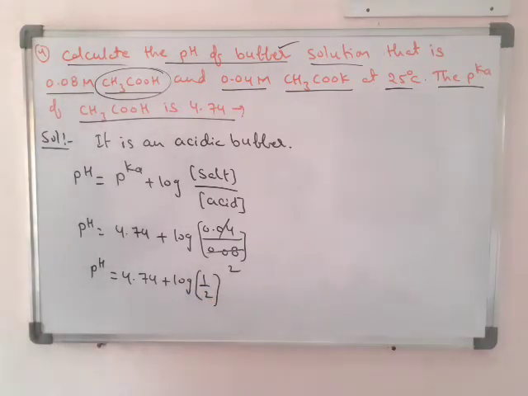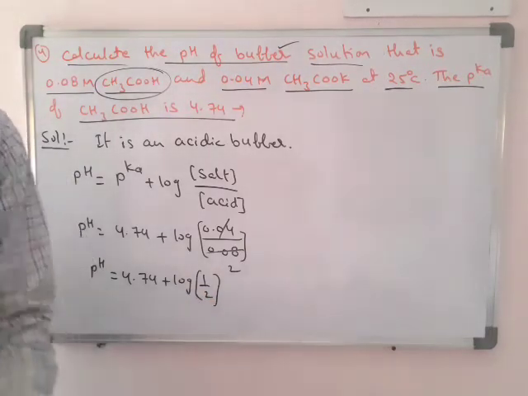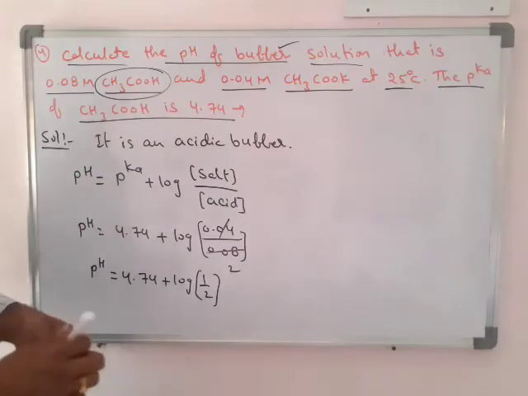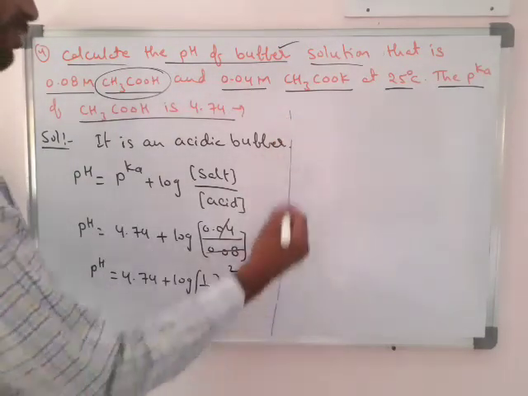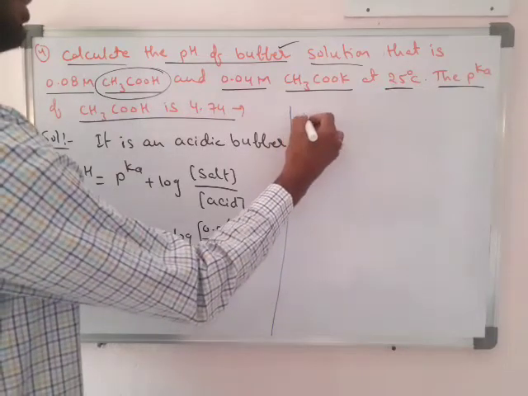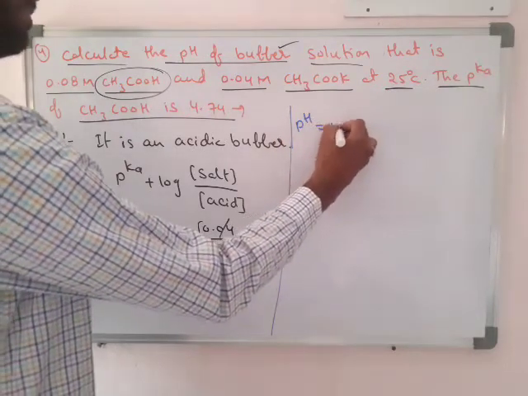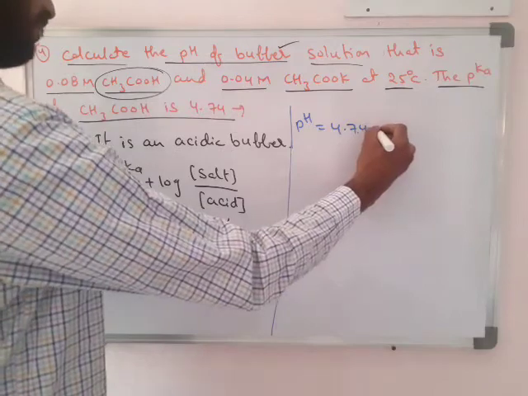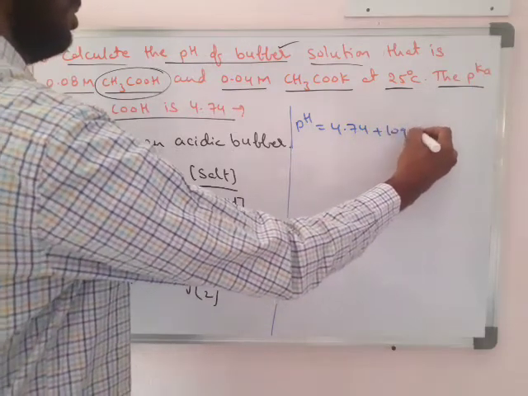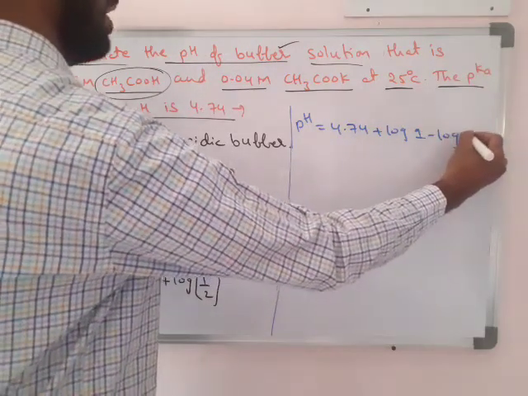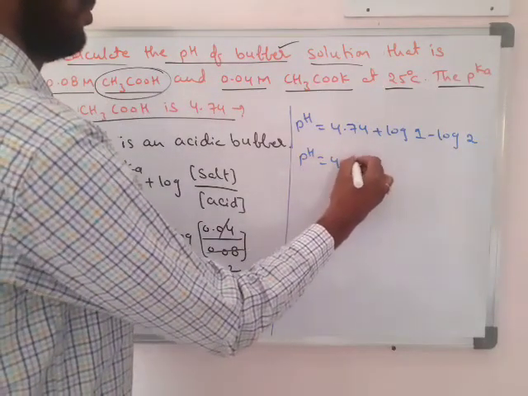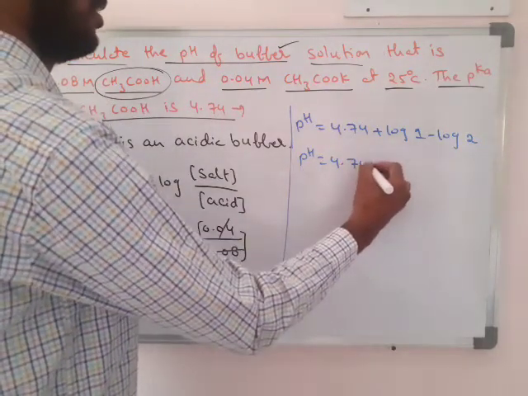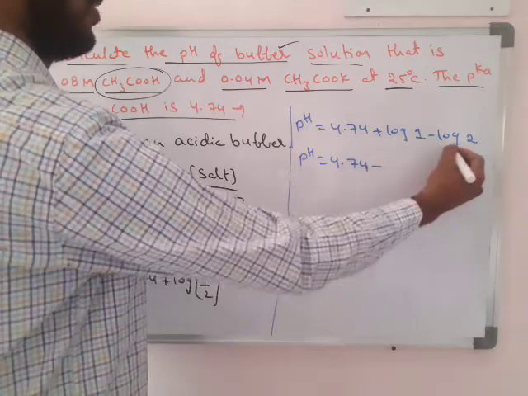Here log 1 by 2 can be written using log A by B, which is nothing but log A minus log B. So the pH is equal to 4.74 plus log 1 minus log 2. pH equals 4.74 plus log 1, which is 0, minus the value of log 2.